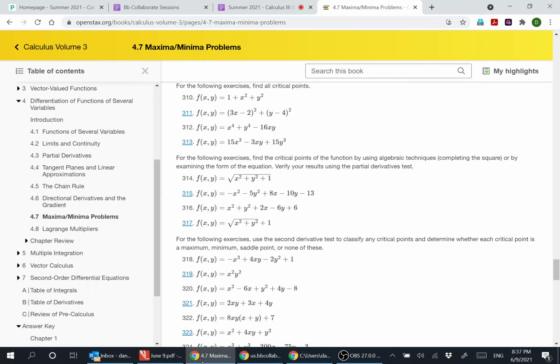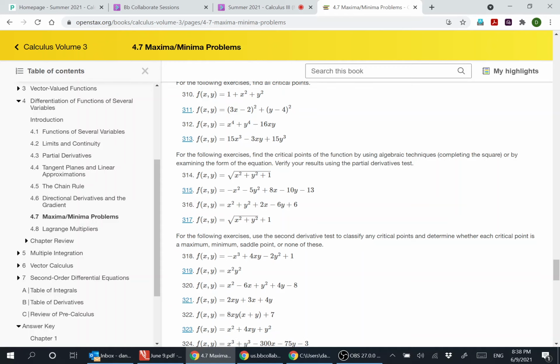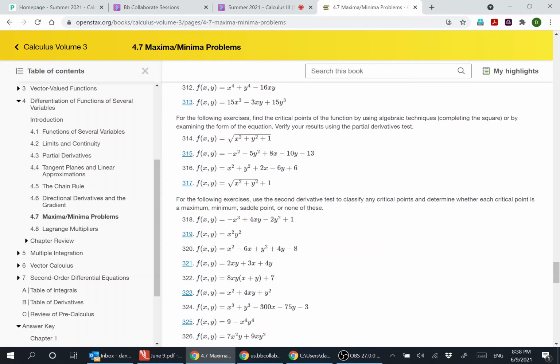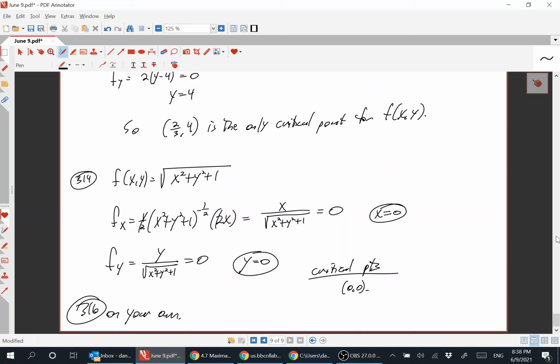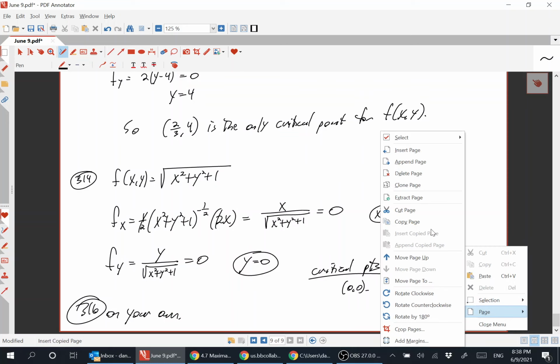So that's just x equal to negative 1. For y, it's 2y minus 6, so that's y equal to 3. So again, solving for partial derivatives equal to 0 is easy. So 316, just do that one on your own. Let's see if we can't do 318 in the last few minutes.